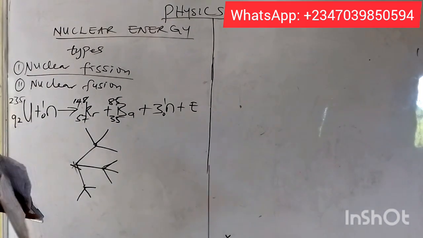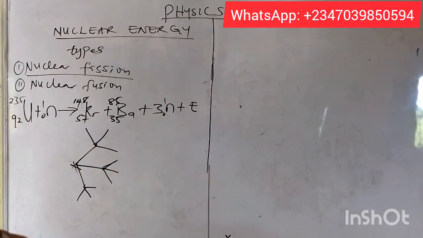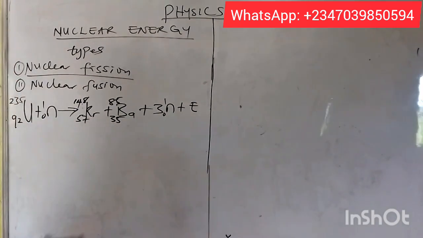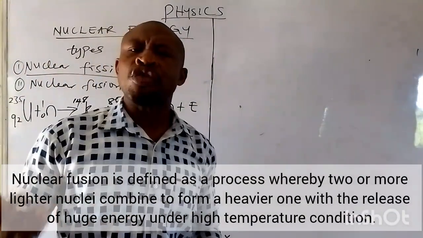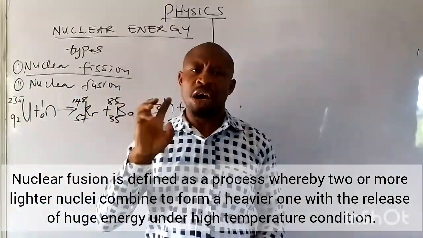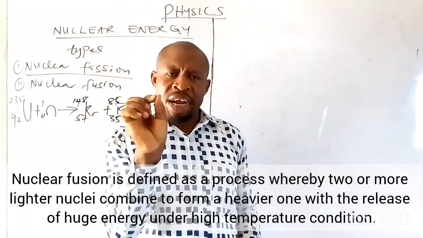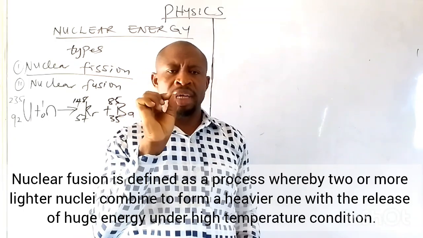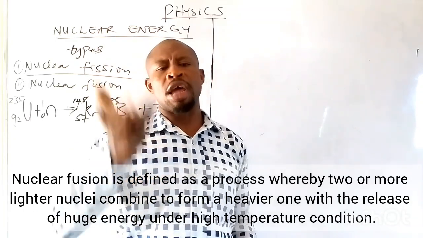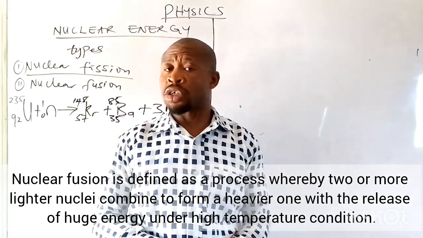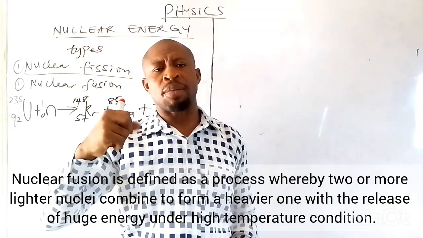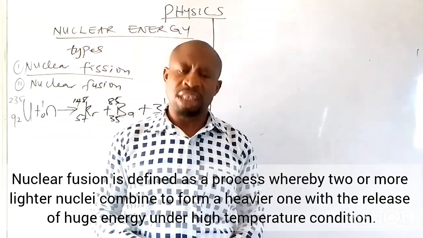So let us look at nuclear fusion. By nuclear fusion, we mean that nuclear fusion is just the process of bringing 2 very light nuclei together in order to form a heavier nucleus. And of course, this process is achievable under very high temperature conditions.